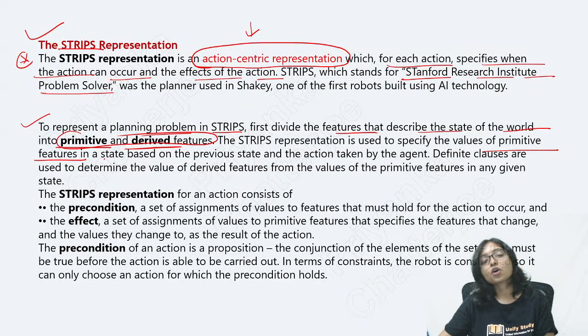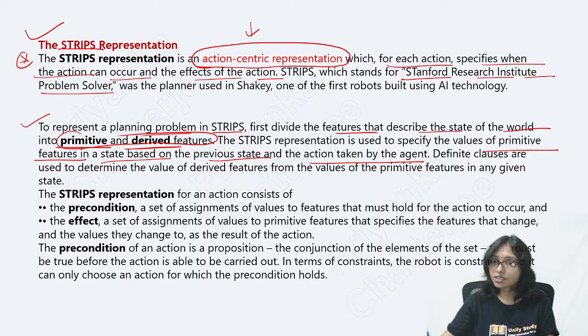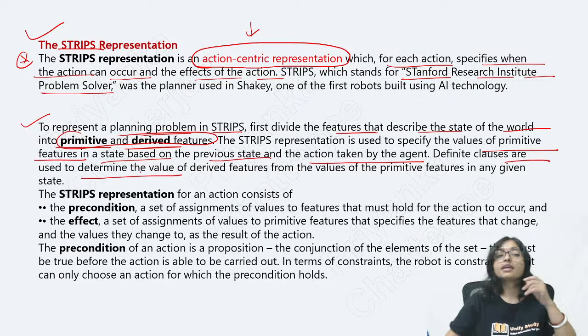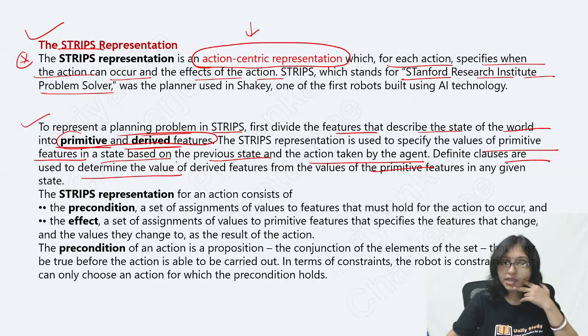The primitive or basic feature's state is based on the previous state and the action taken by the agent. The definition clauses are used for determining the derived features from the primitive features. So these are the STRIPS representation. The precondition and the set of assignments will be there, and the effect will be there.